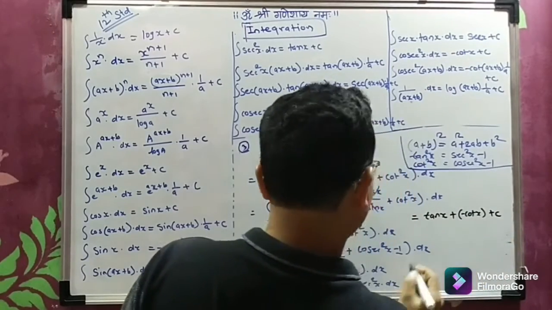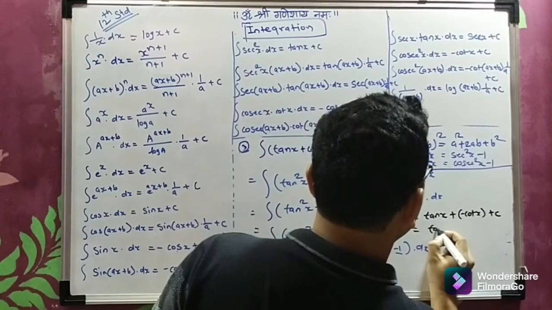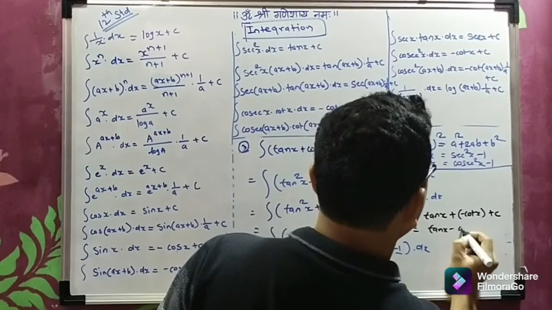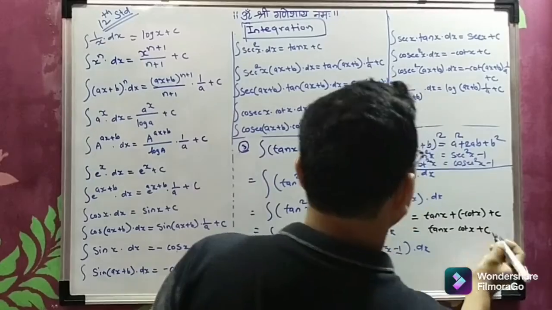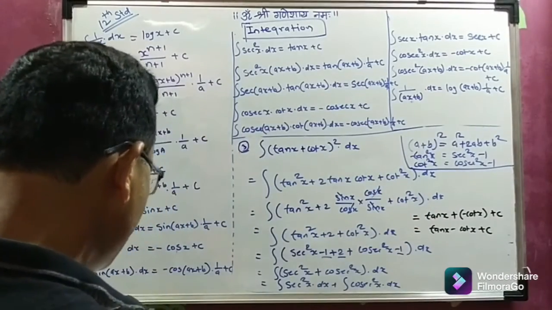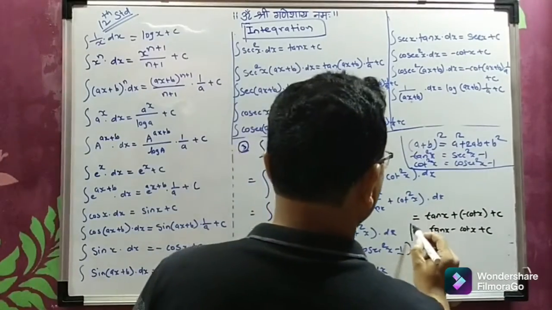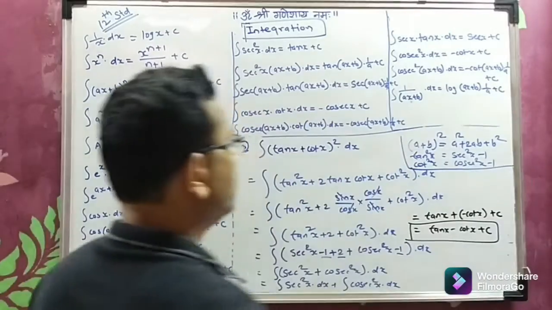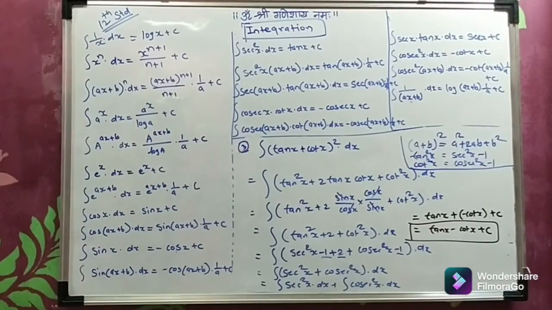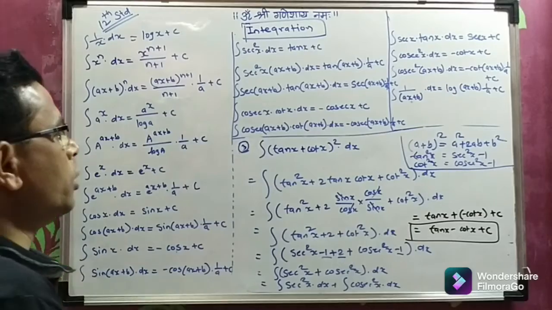So we will write it down as tan x minus cot x plus c. This is the answer of the question. Hope you have understood this.